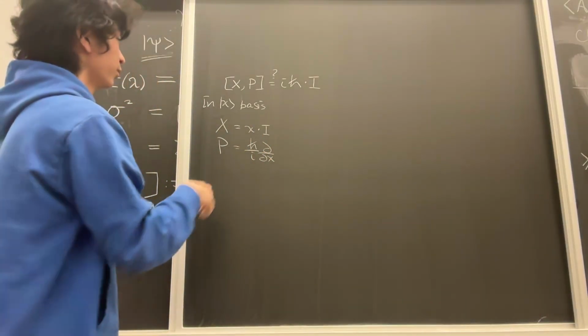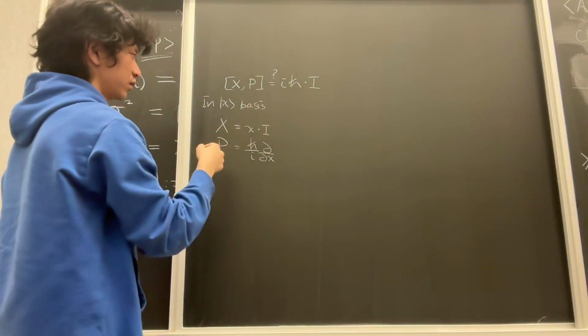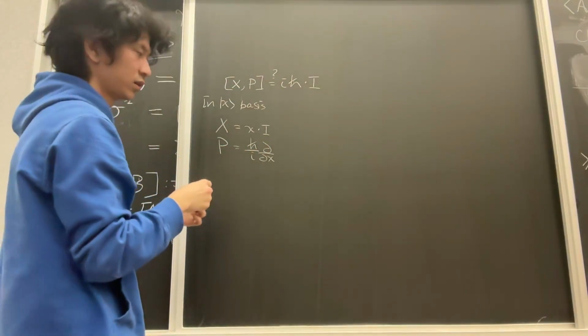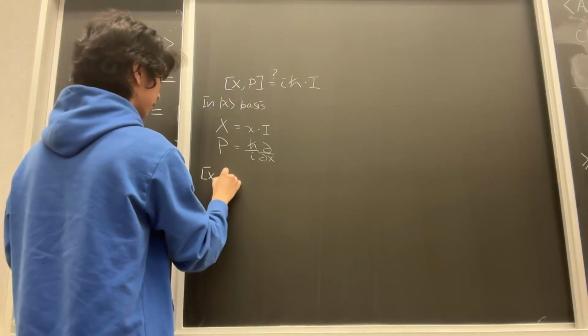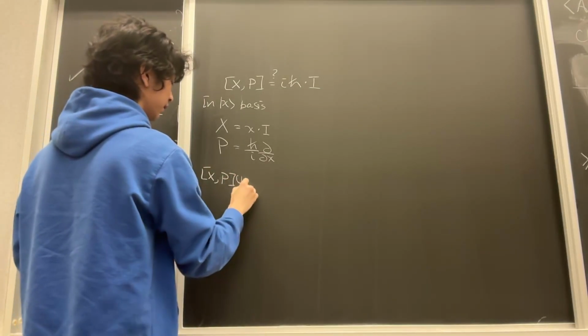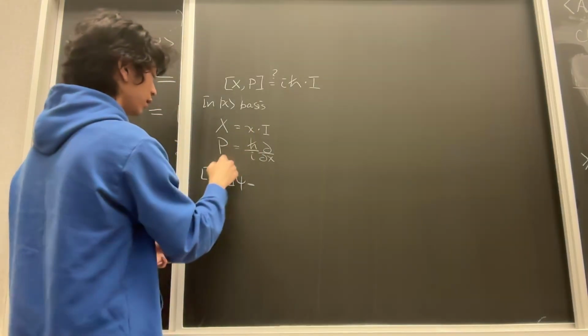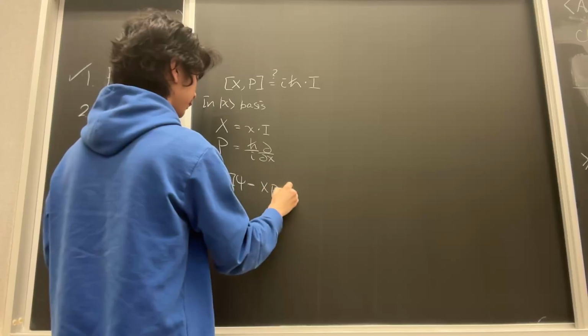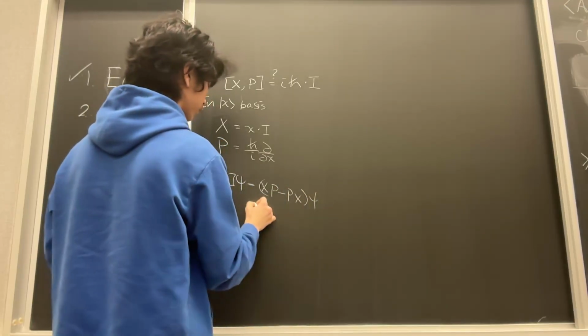And then we want to check the commutator. But these are operators, so what we want to do is test it on a test function. This is a pretty common idea. So you have xp, you apply it on some psi, some test function, test state. So it's xp minus px acting on psi.